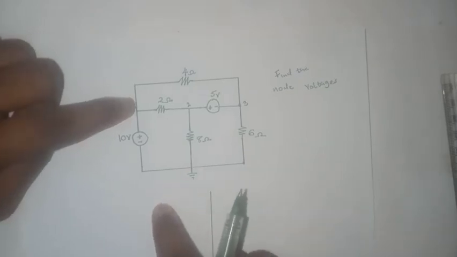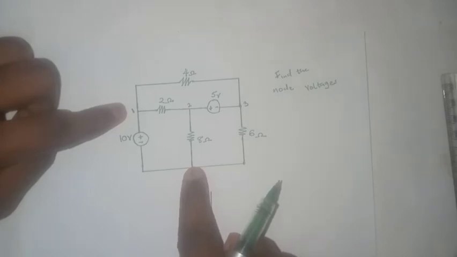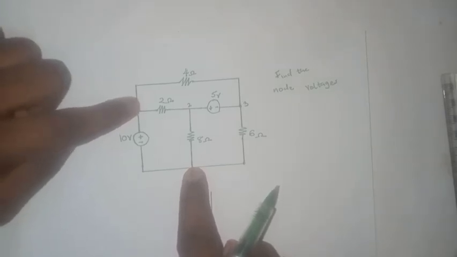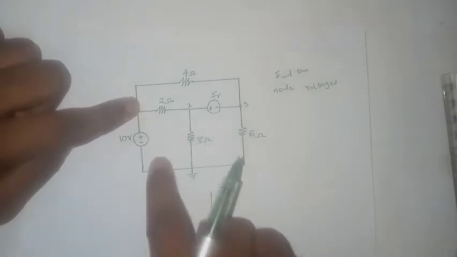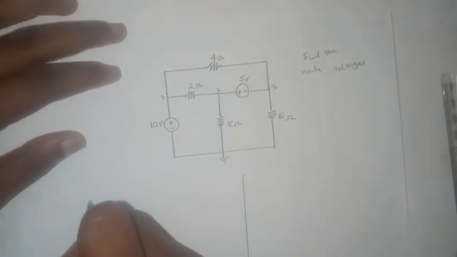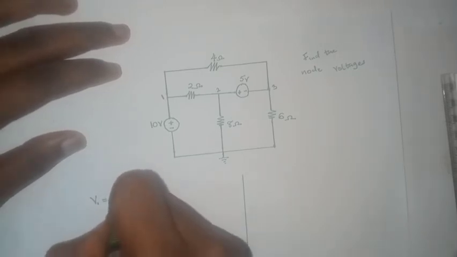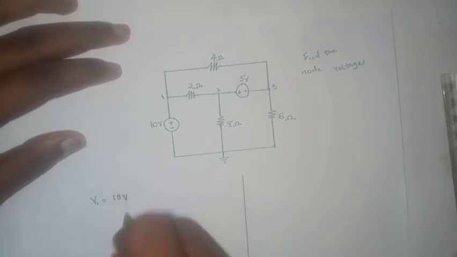For this reason, if you were to take a voltmeter, put the negative terminal here and the positive terminal up here, you get a reading of 10 volts. So without further ado, we can say that V1 equals 10 volts. Easy, right?